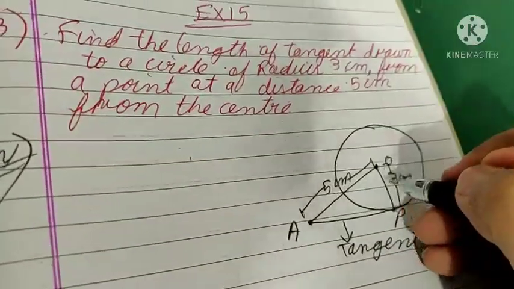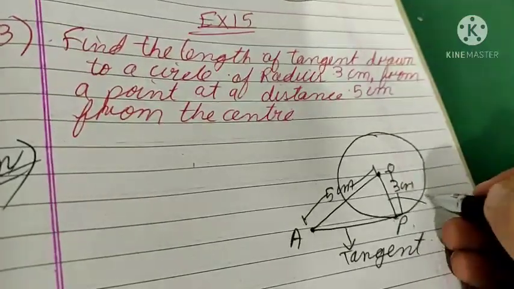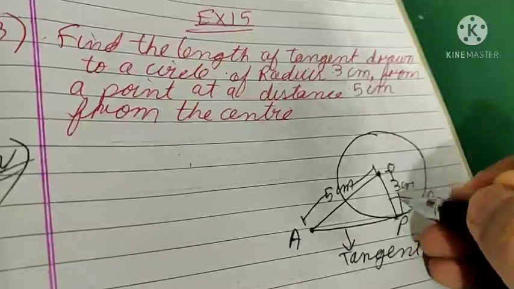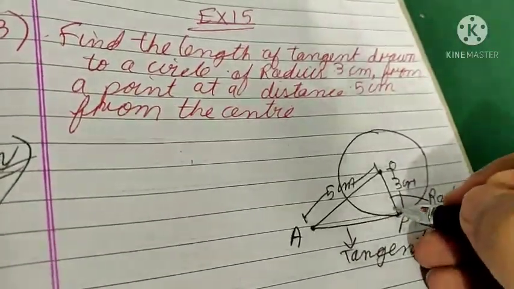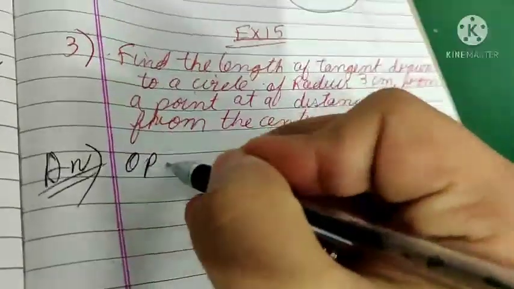I have told you previously that when a radius is drawn to the point touching the tangent, it always forms 90 degrees.